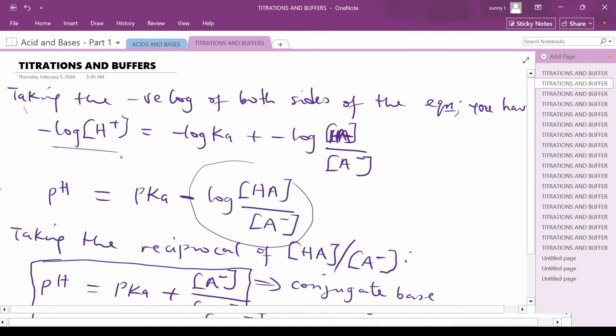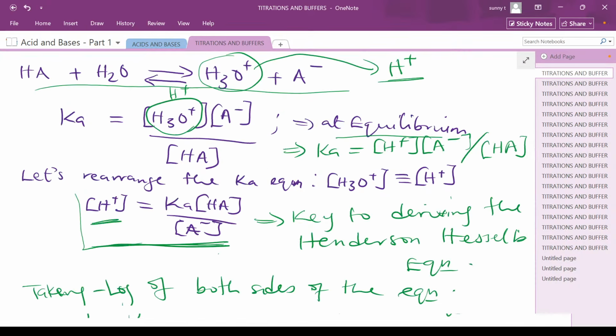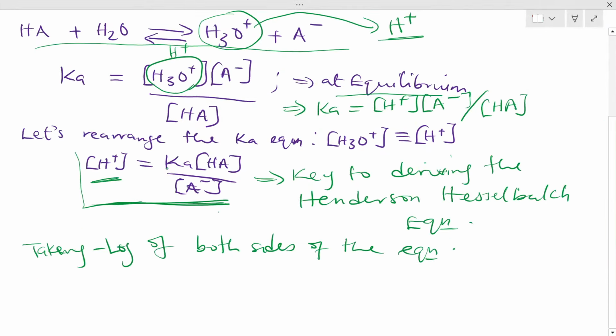So when you take that negative log, remember that in this one here, if we are to take it the way it is, because for some of you, simplifying and expanding is a big problem.